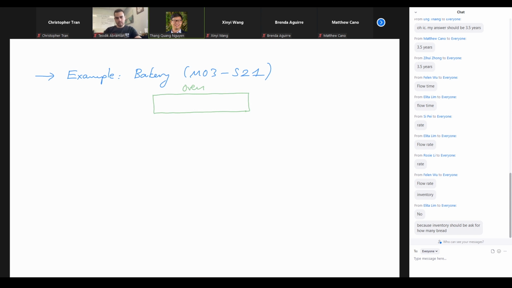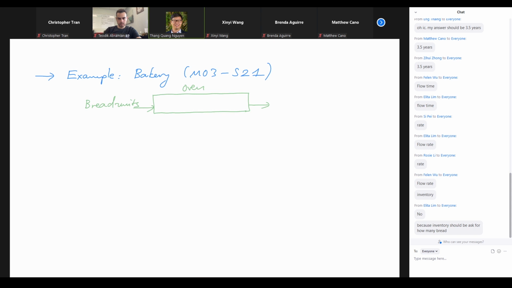All right, so remember the flow units here are the bread units. At the beginning, we don't have the fully baked goods yet, right? We only have the doughs. They are raw. We cannot eat them.